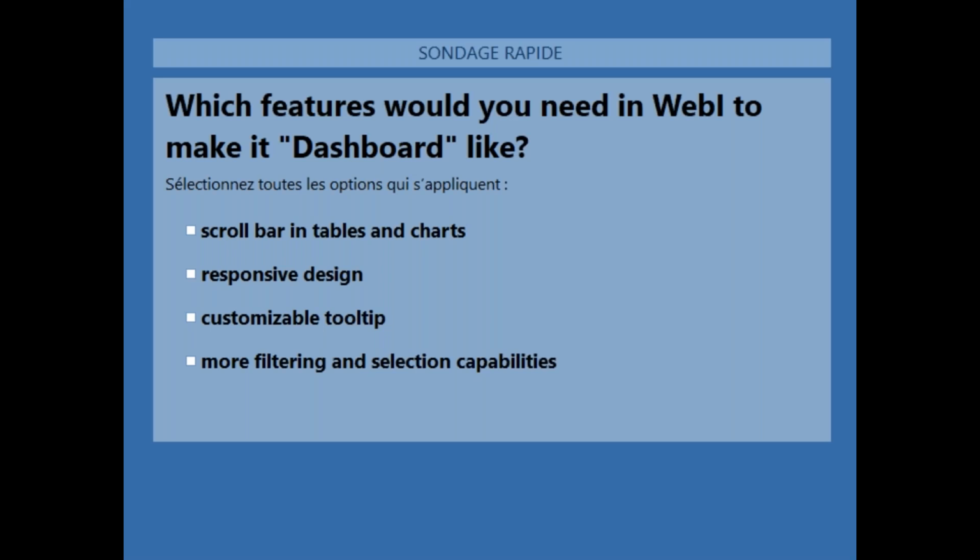Do you need a customizable tooltip for Web Intelligence? Or do you need more filtering and selection capabilities inside WebI? If you have more ideas, please don't hesitate to share them via the chat. That's something that will help us to prioritize the next round of innovation for SAP BusinessObjects Web Intelligence.